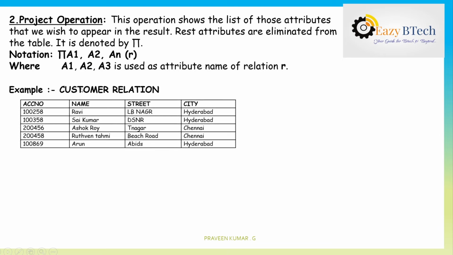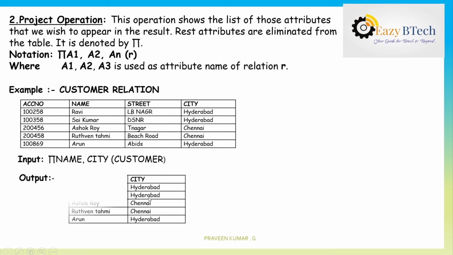For example, in a customer relation, we give pi name, city. We have to project name and city from which table? The customer relation. What about the output? The output is only name and city.